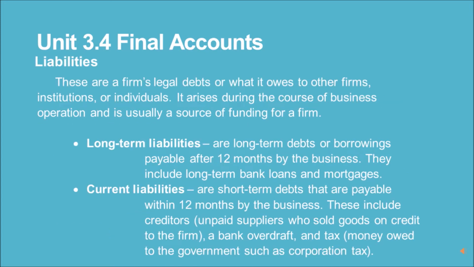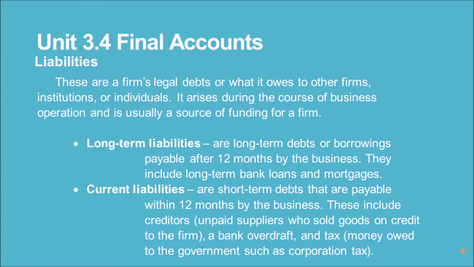Liabilities. These are a firm's legal debts, or what it owes to other firms, institutions, or individuals. They arise during the course of business operations and are usually a source of funding for a firm. Long-term liabilities are long-term debts or borrowings payable after 12 months by the business.